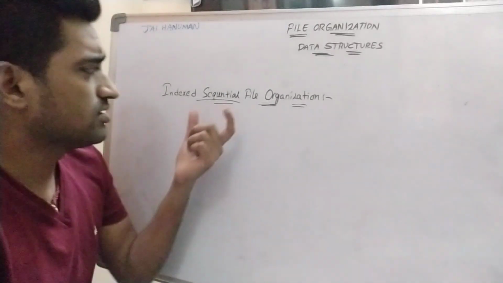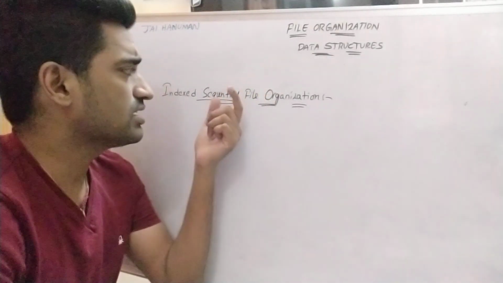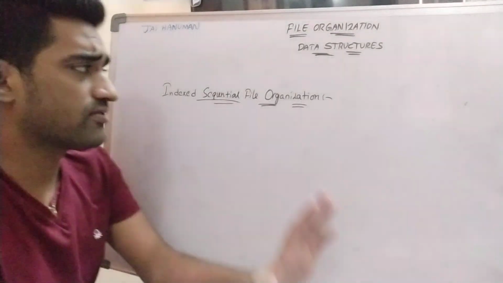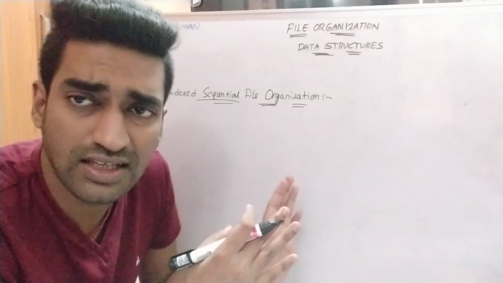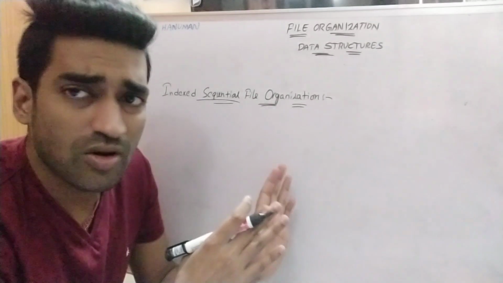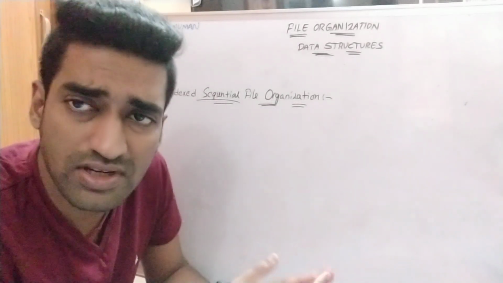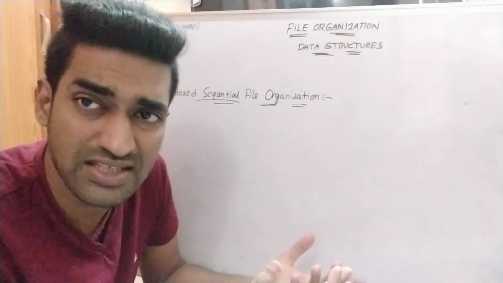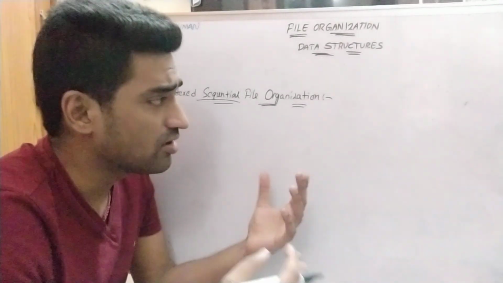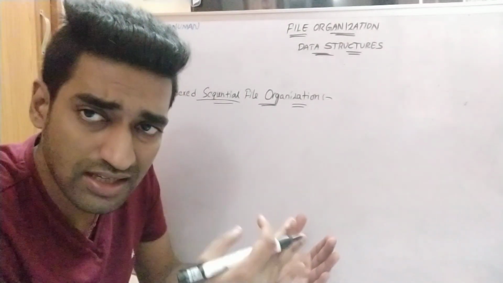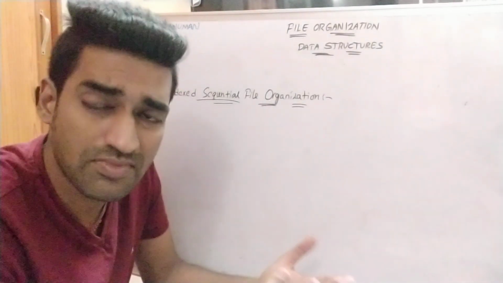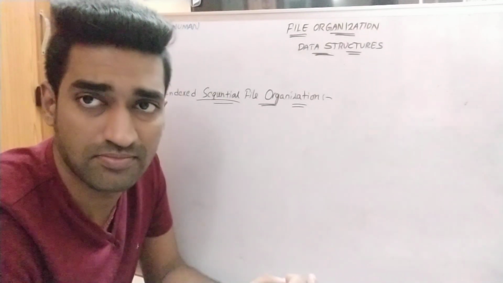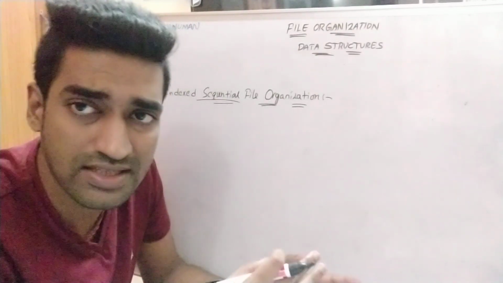So what is the last technique? Indexed sequential file organization. So what is indexed sequential file organization? This technique is a combination of both sequential file organization as well as direct file organization, which means by using this technique we can access the record by applying a searching process, as well as we can access the record directly or randomly from a set of records.